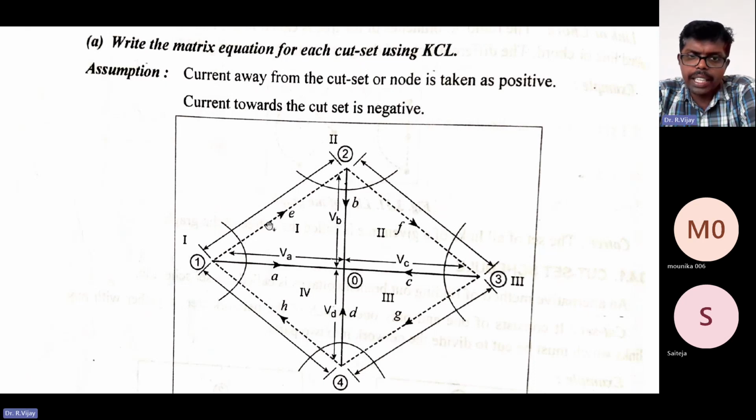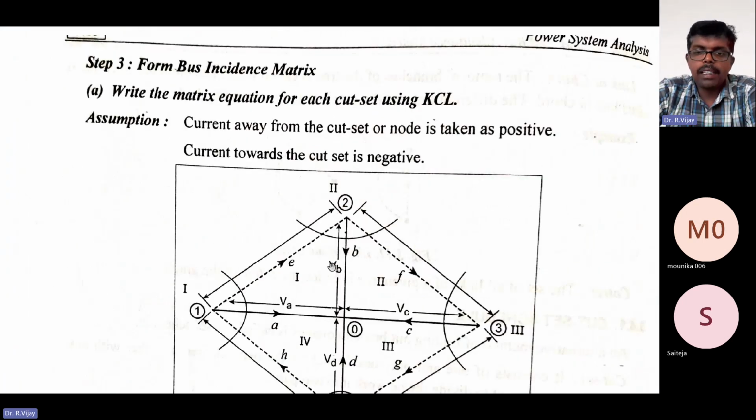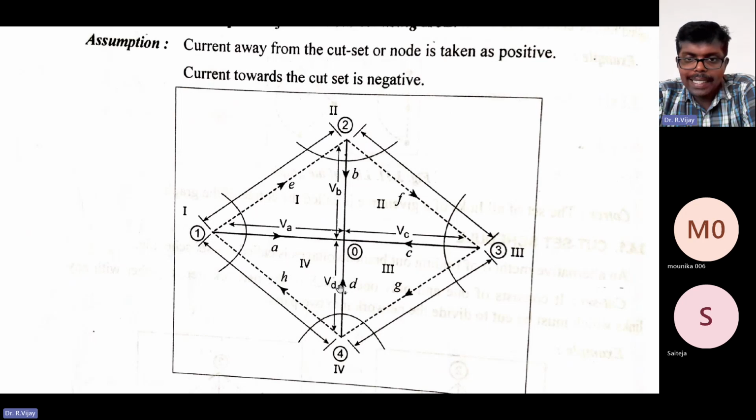Whatever the cut set, we need to mark the direction away from those nodes. So, say you take it like this: this is A, from here this is B, from here this is C, and from node 4 this is D.